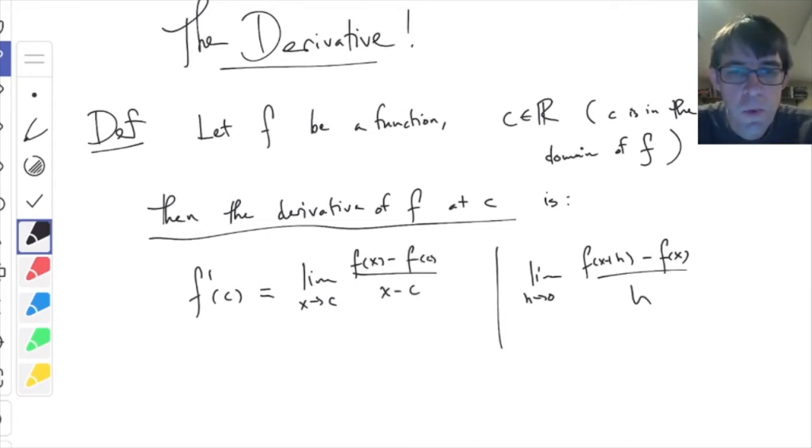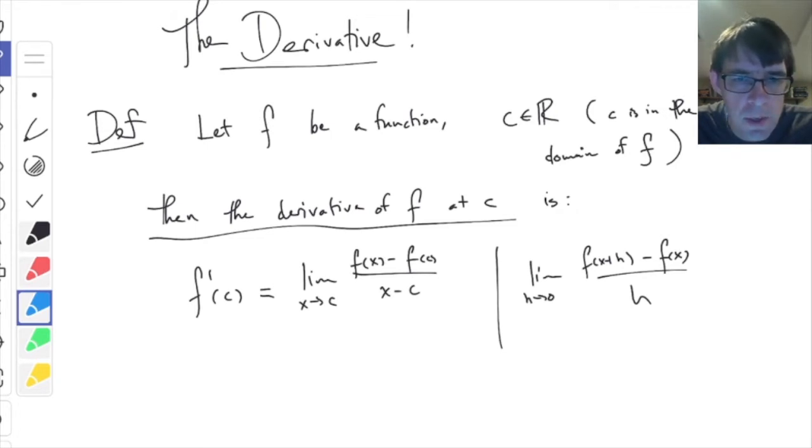All right. We're going to use that as the definition. These two things on either side of that bar are equivalent to each other, where if you use x plus h instead of c, you get basically the same thing. But the one on the left is what our book uses. Most calculus books use the one on the right, or often, instead of h, they call it delta x, and you get f of x plus delta x minus f of x over delta x.